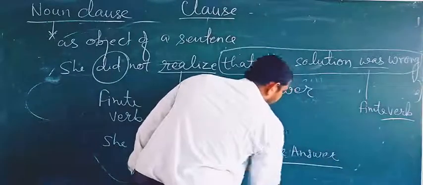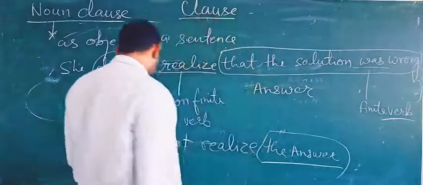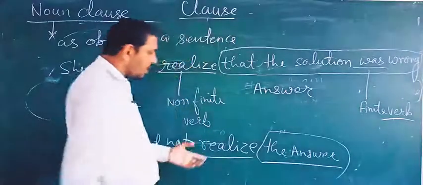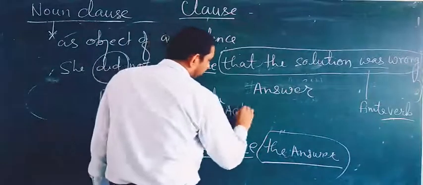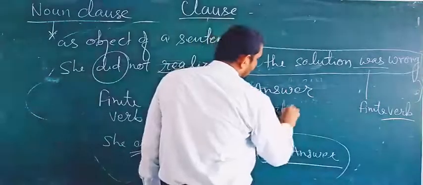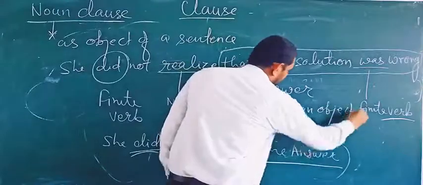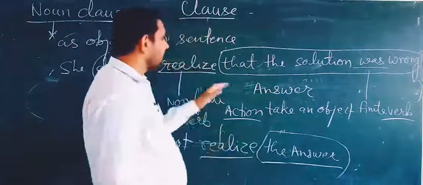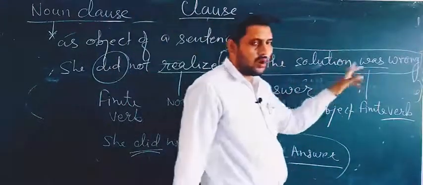So you just see the word answer can be replaced with that clause, because did is a finite verb and realize is a non-finite verb. All active verbs, all action verbs, take an object. So the word answer can be replaced by the whole clause, that the solution was wrong.